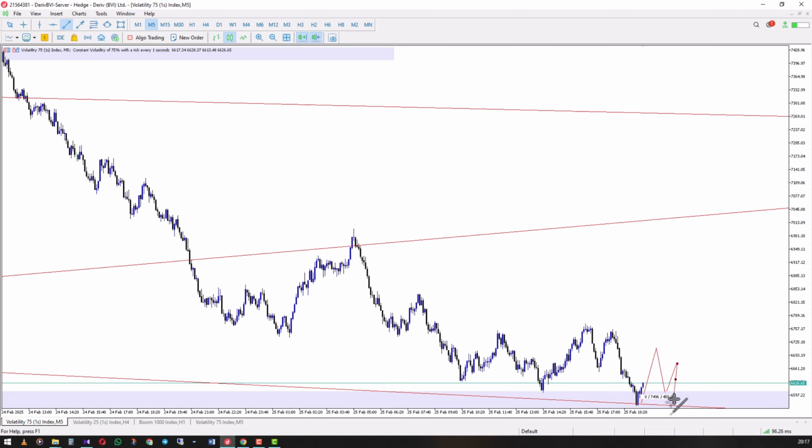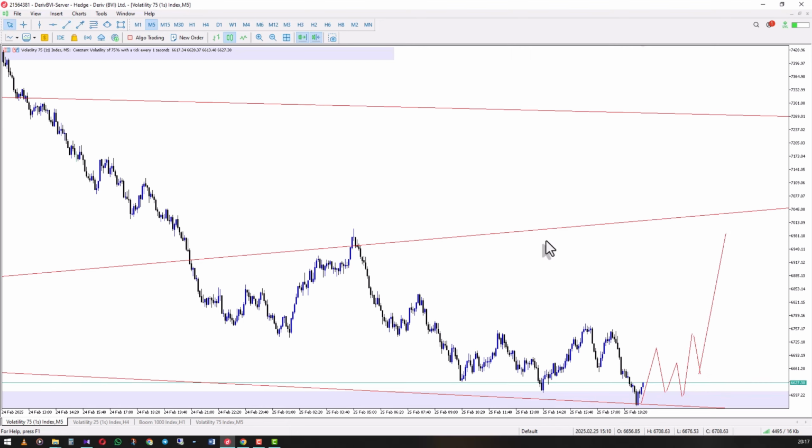Let me just draw it quickly. Ultimately it will see a break, and then we'll see a retest, from which you would start buying the market.